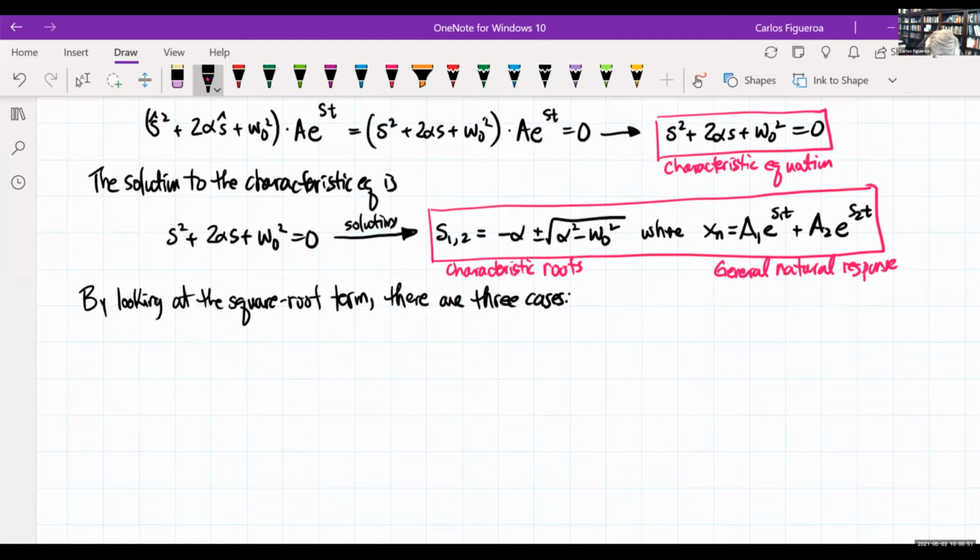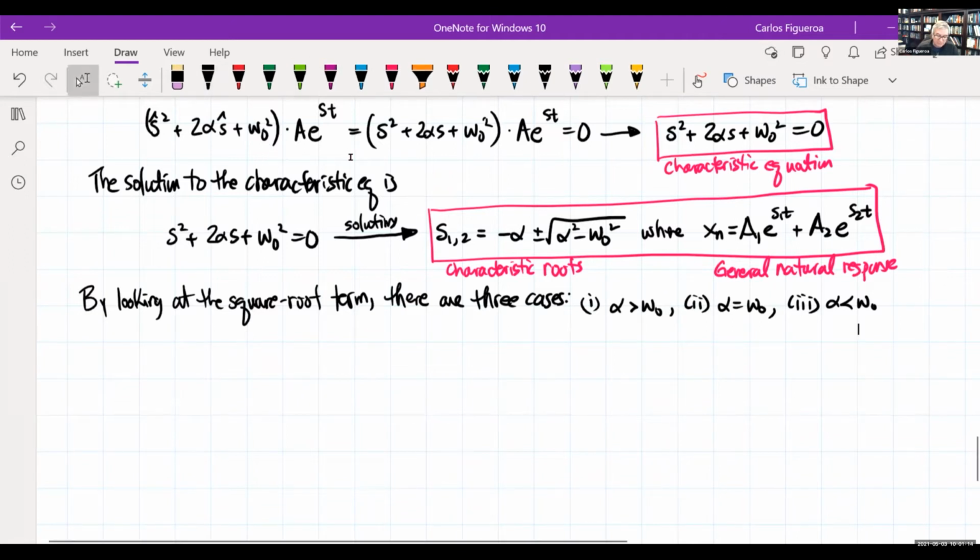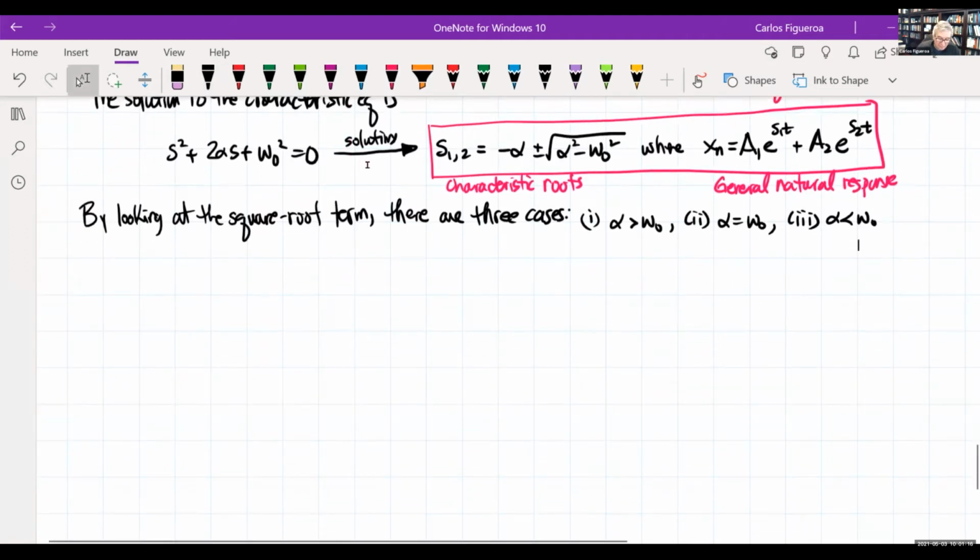Well, the first case will be when alpha is greater than omega naught. The second case is when alpha is equal to omega naught. And the third case is when alpha is less than omega naught. I really should be squaring these terms, but I think I could get away with that. And so here we go. So then I'm just going to follow the math, you know.